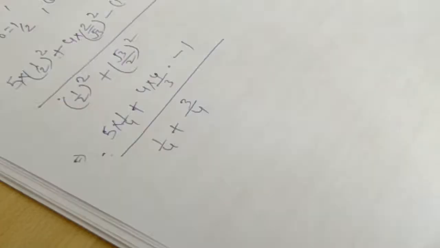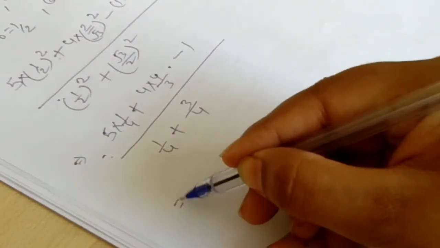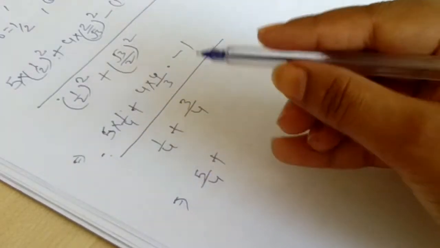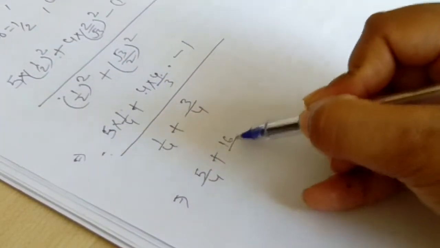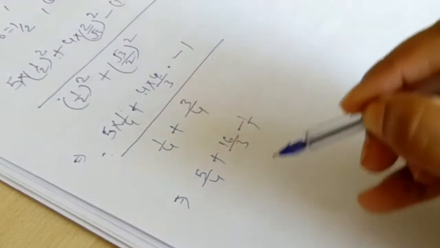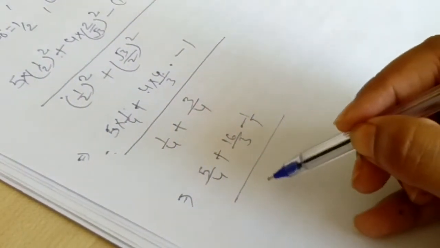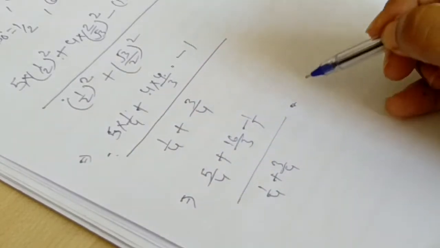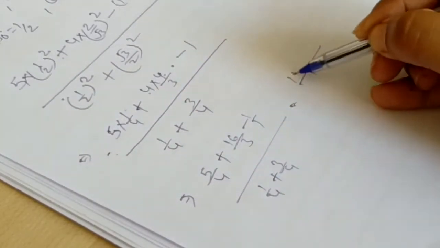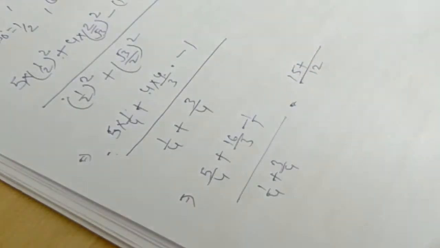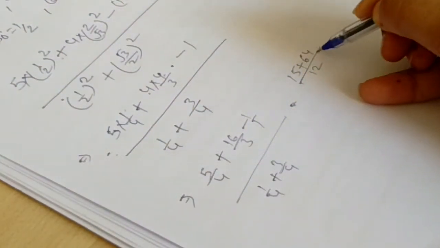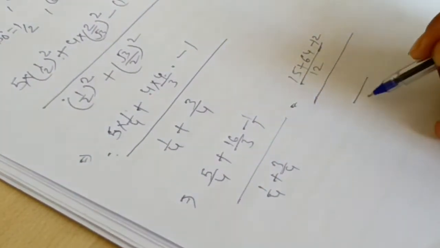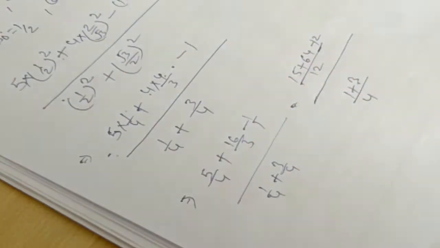Now this implies 5 into 1, that is 5 by 4, plus 4 fours are 16 by 3, minus 1, upon 1 by 4 plus 3 by 4. Now taking the LCM for the numerator, that is 12, this will be 15 plus 64 minus 12, upon the denominator, which is 1 plus 3 by 4.